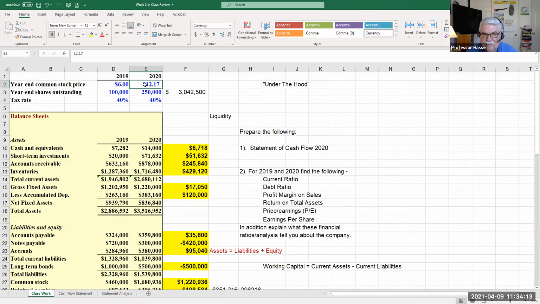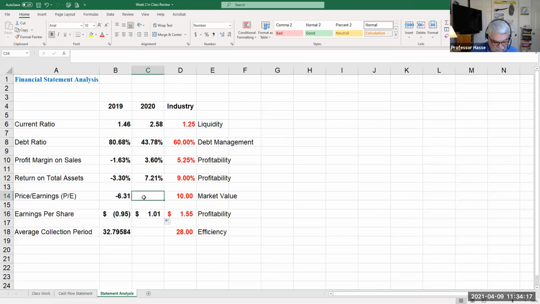So it's common stock price divided by the earnings per share. In that case, the price of stock is $12.17. We divide that by our earnings per share, and we get 12.05 times. In other words, the stock price in the market is 12 times greater than the earnings per share, 12 times greater.